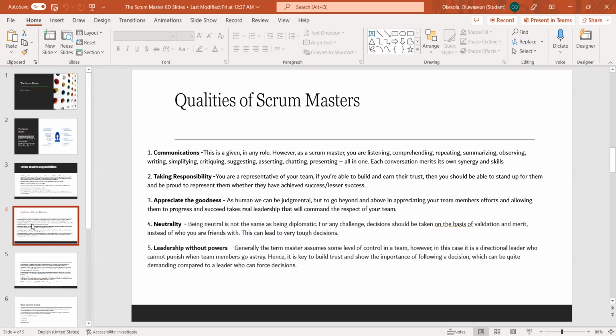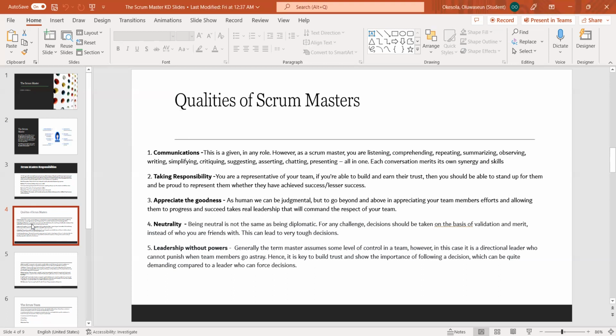It says then, as humans, we can be judgmental, but to go beyond and above in appreciating your team members' effort and allowing them to progress and succeed takes real leadership that will command the respect of your team. So basically, a Scrum Master does not find fault in any member of the team, right?